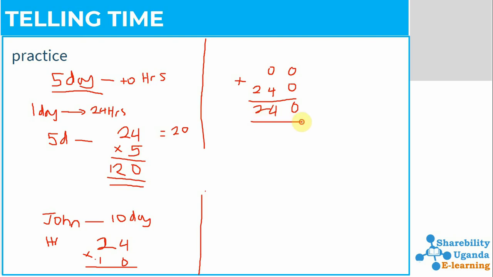So in 10 days, when John was absent, he has been able to spend 240 hours. So in simple terms, that's how we change our days into hours.